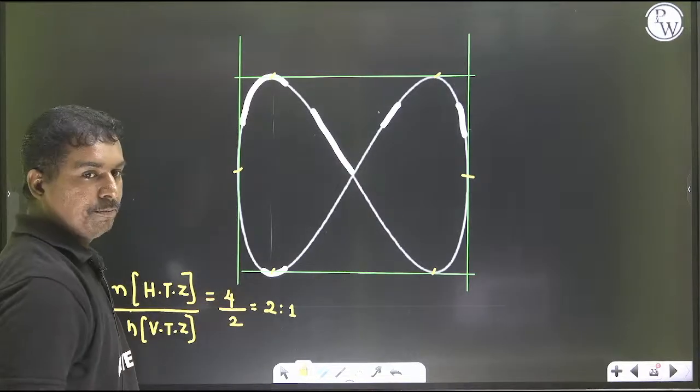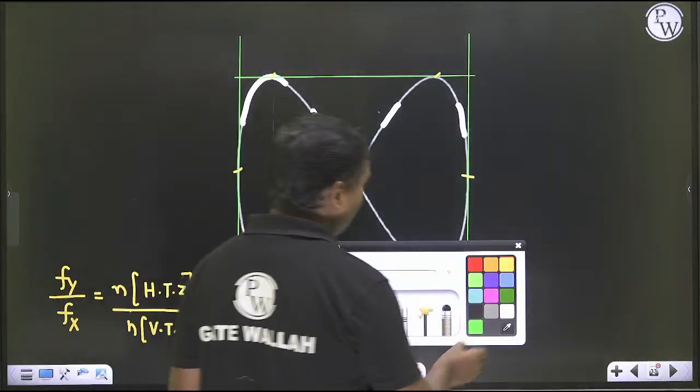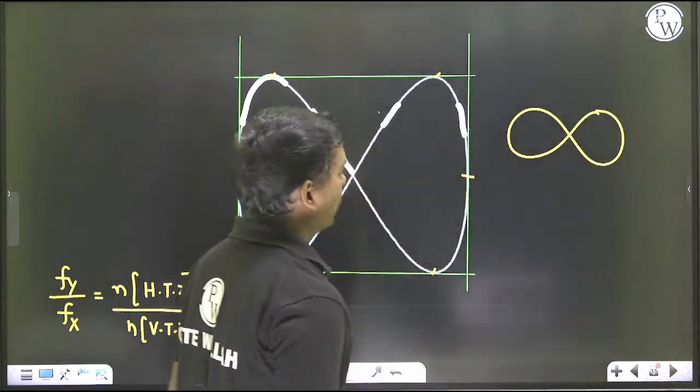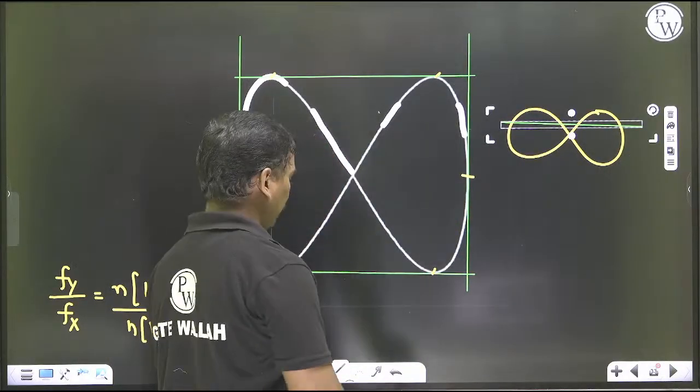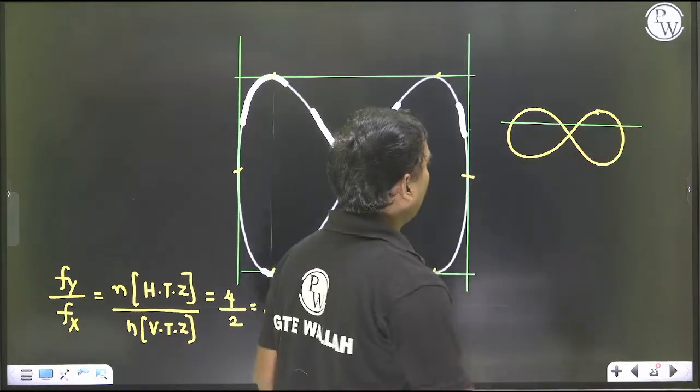The other method is taking the intersection points. This is the picture. Taking the intersection points means I can draw the intersection line like this, in such a way that it should not pass through any common point.